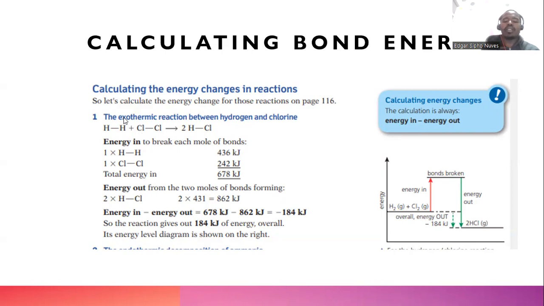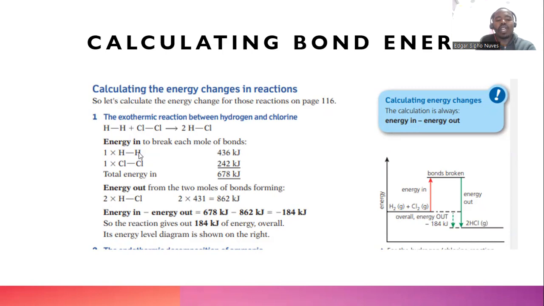When we want to calculate the total energy change in the reaction, we look at the reactant bonds, the bonds that already exist and need to be broken. The energy associated with them is positive, because when energy is taken in, it is associated with a positive sign in energy calculations.